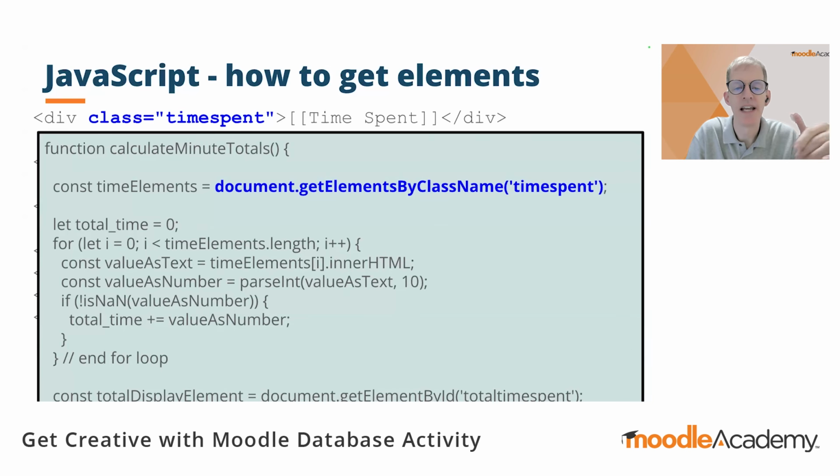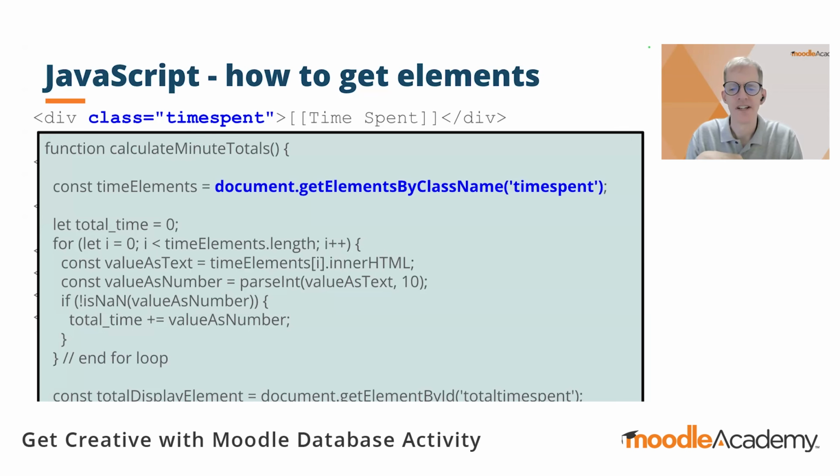Since our HTML in the repeated entry of the list view template contains the class equals time spent identifier, we can use a function that gets elements on the web page based on the class name. This function, getElementsByClassName, is able to do it. You can see I've highlighted it in blue here.